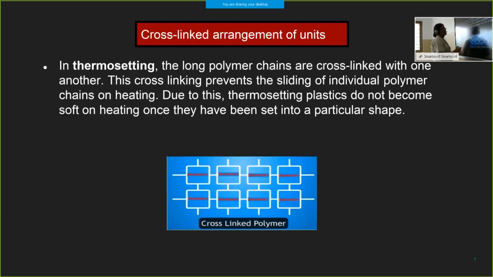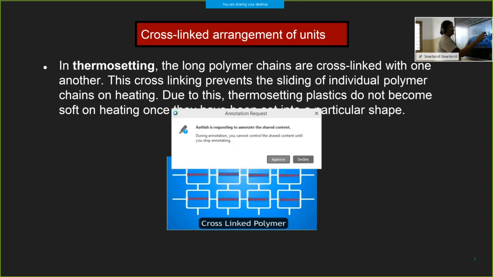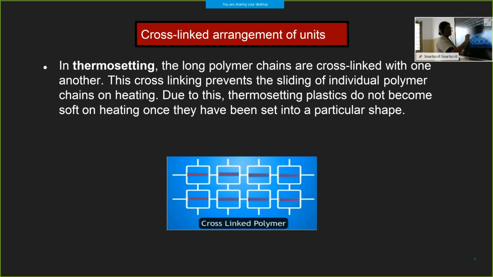Now coming to the cross-linked arrangement of units as in thermosetting plastics. So this is a cross-linked arrangement. You can see the structure. They are attached to each other. They are not in a straight line. So we have a very big chain of this kind of polymers. It's a very, very large unit. Many monomers are combined to form very long chains.